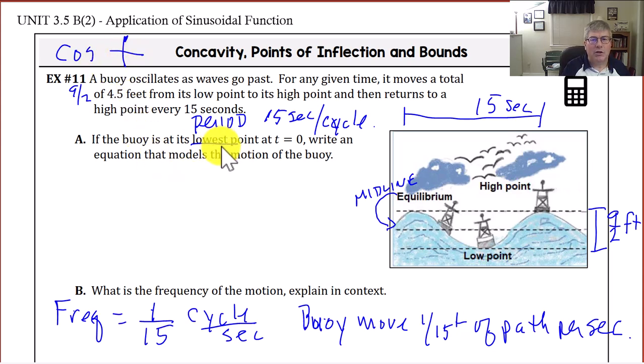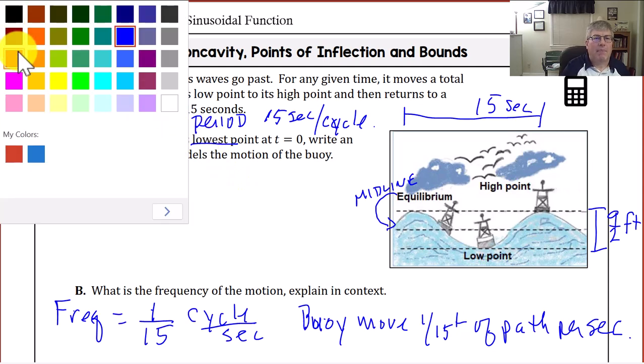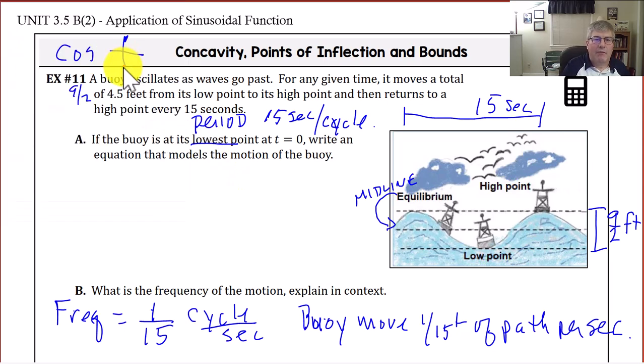We want to be at the lowest point. So interestingly enough, if we're going to start at our lowest point or our minimum value, this is going to be a negative cosine curve. So our equation is going to be some sort of y equals negative cosine of x.